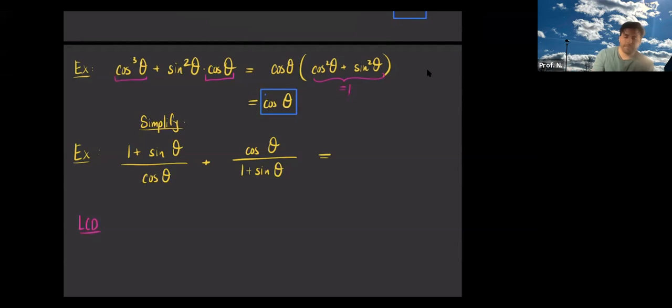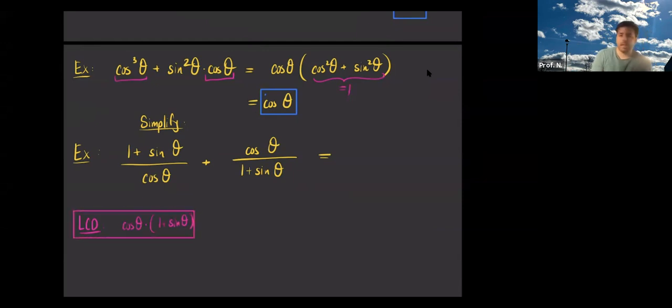Well, the easiest one I think you can think of is just cosine theta times 1 plus sine theta. You just combine the two denominators together. So that's my LCD.